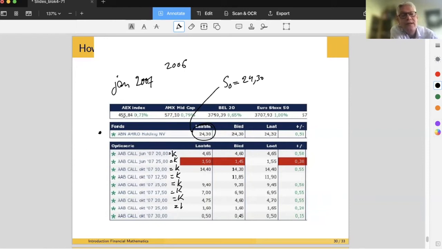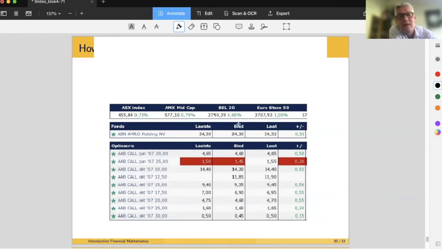Now, let's see if we understand what's going on here. As I mentioned, here we have our S0, and then we have, for example, a strike of 20, and this is in like 6 months' time. So typically when we look at this, we say, suppose this is our S, and this is the value of the option, and we have a call here.